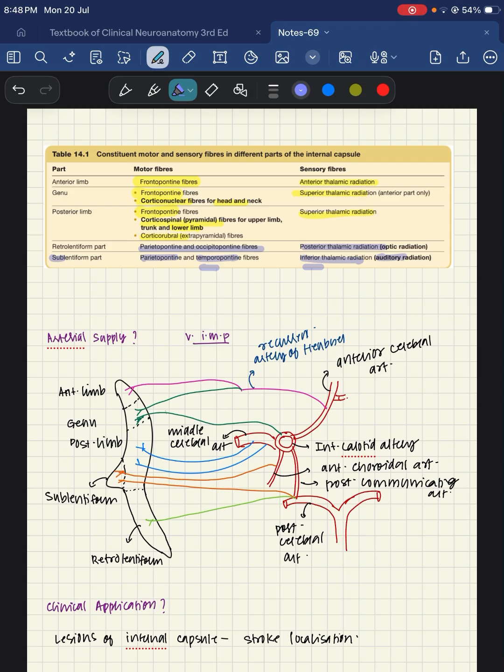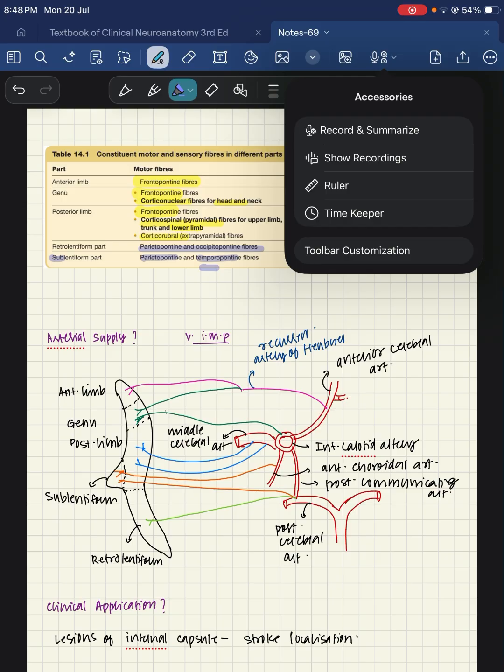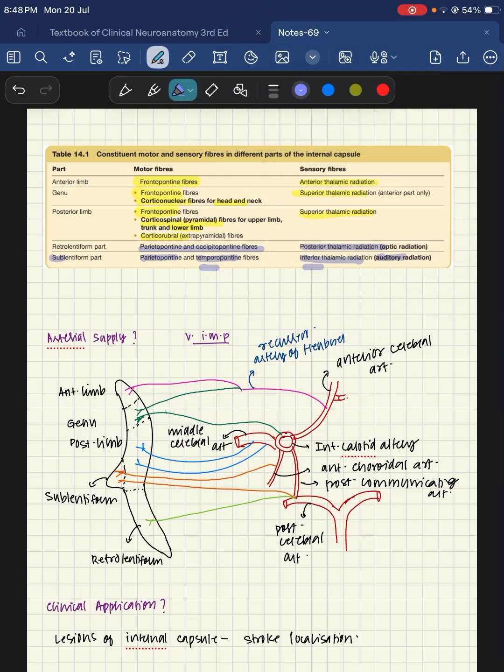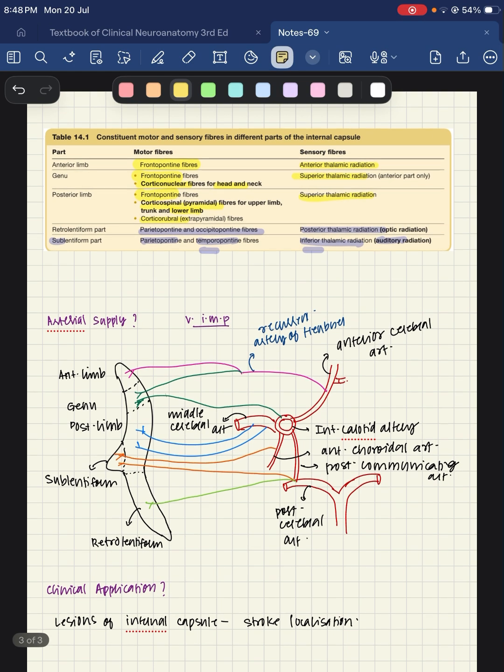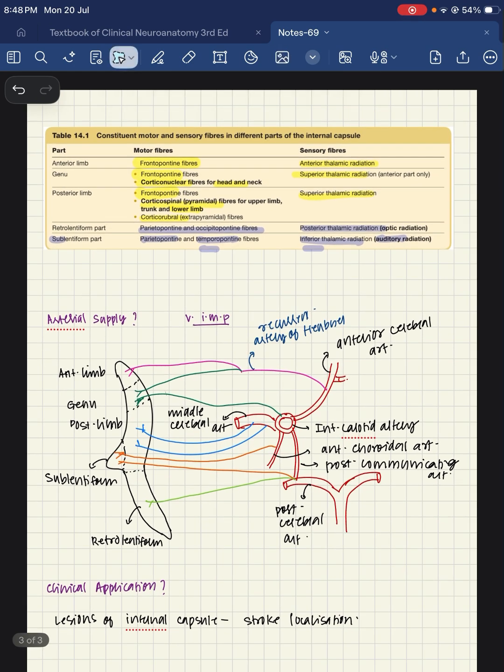Okay, so coming to the single most important point of this topic, the arterial supply, this is very important. So I have drawn this diagram.